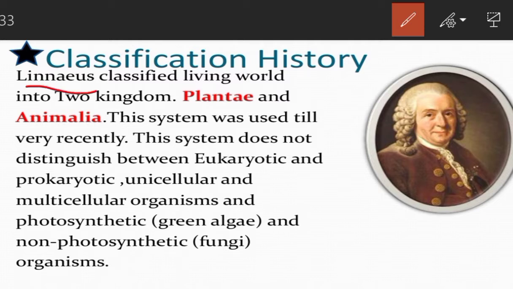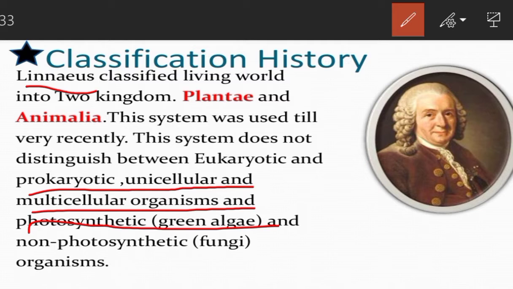Linnaeus, the father of taxonomy, divided all the living organisms into two kingdoms in 1758. This system was used till very recently. This system does not distinguish between eukaryotic and prokaryotic, unicellular and multicellular organisms, and photosynthetic, that is green algae, and non-photosynthetic fungi.